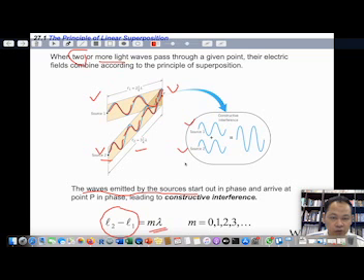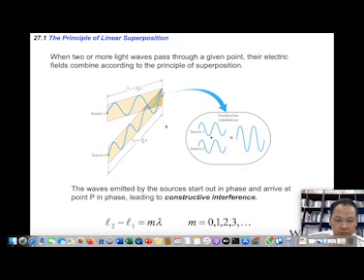This is superposition. Superposition means addition of two waves. This plus this becomes constructive. It means constructive interference. Okay, let's continue. This is the principle.